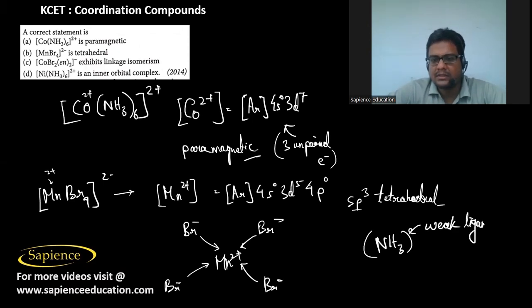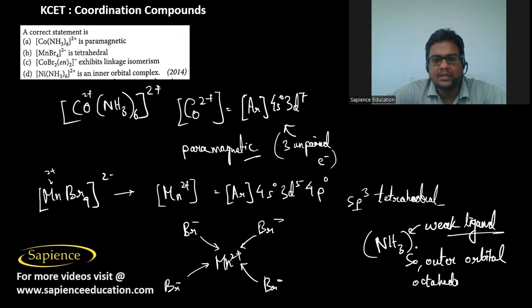It is a weak ligand. So hence an outer orbital octahedral complex will be formed, since here we have six NH3 ligands with Ni2+.